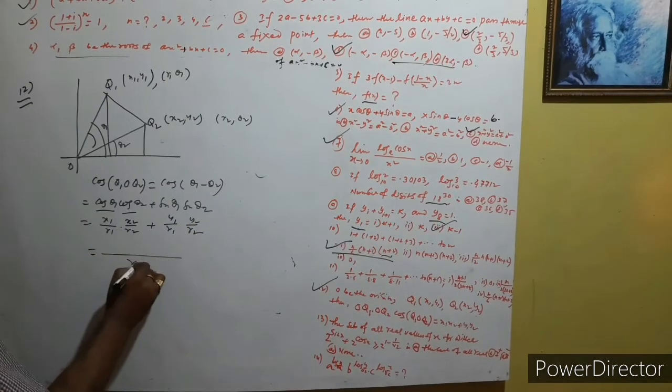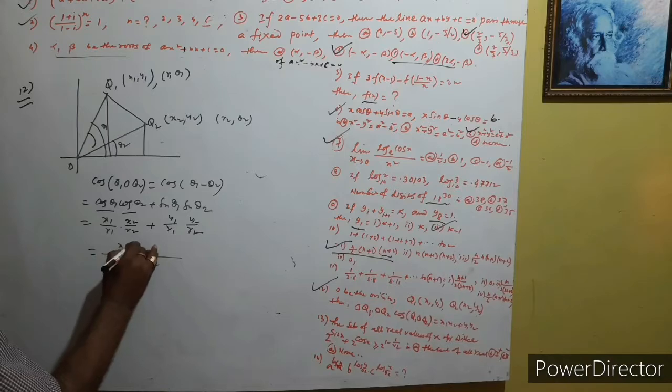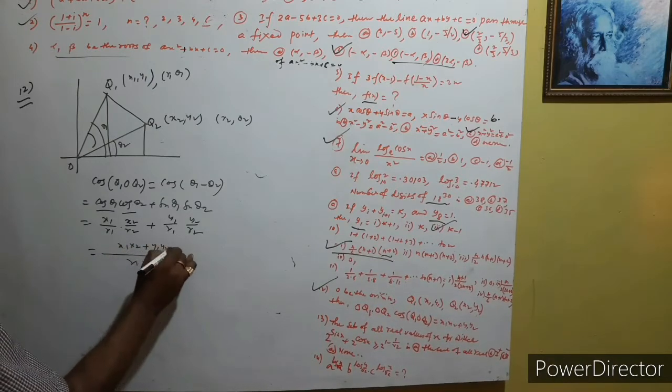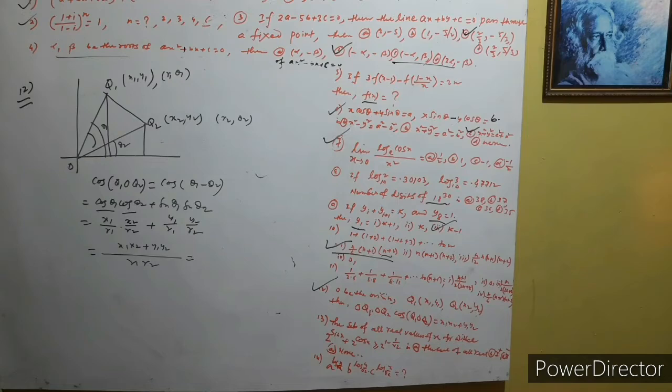Taking the LCM here, r1 r2, we get x1 x2 plus y1 y2 over r1 r2. I think all of you understood this.